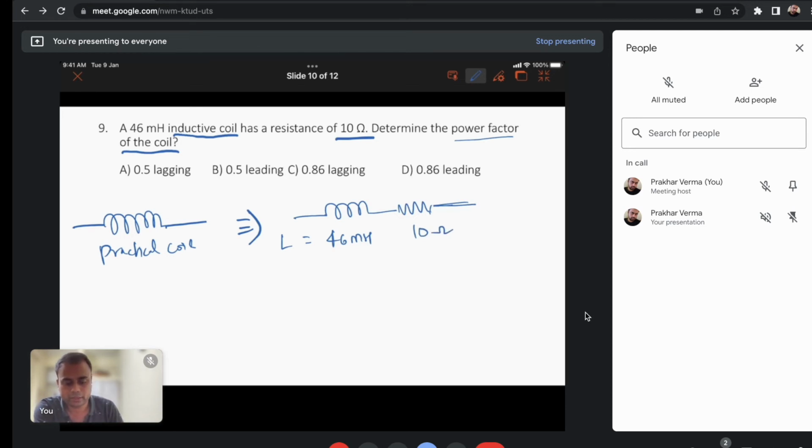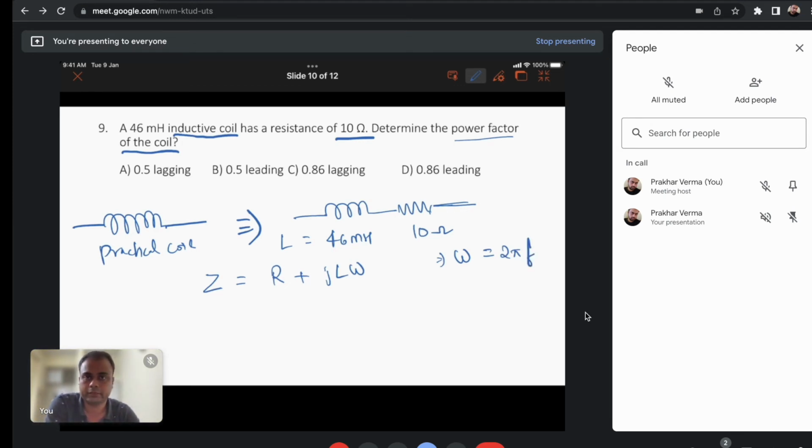So again you have to calculate Z, that is the total impedance. So Z will be R plus jL omega. Now omega, in the question the value of omega is not provided. So in such cases we have to take a default value, that is, we know omega is equal to 2 pi f, where f is the frequency of the AC supply.